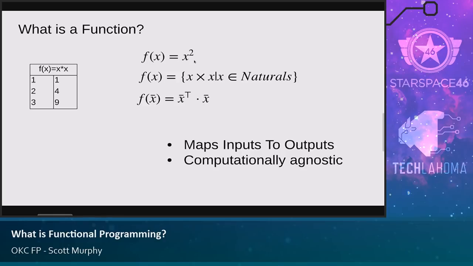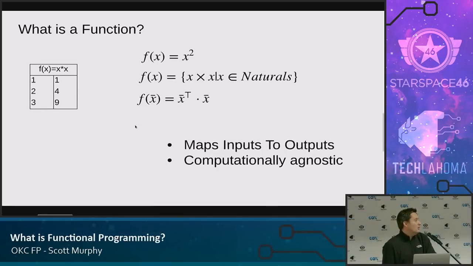And then, this mathematical definition of a function is a little bit different than the way we use the word function in programming, which generally means procedure. We mean some place where we're going to run a piece of computation and then bring the results back to the main loop or the main part of the program.